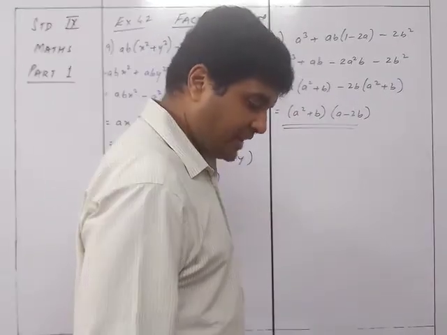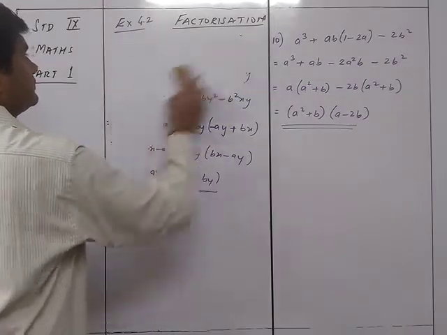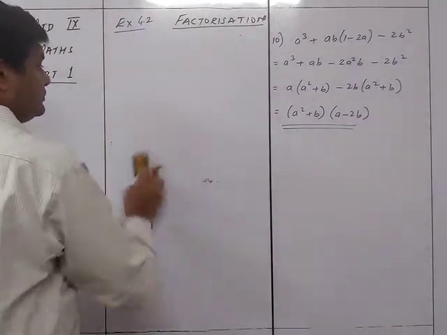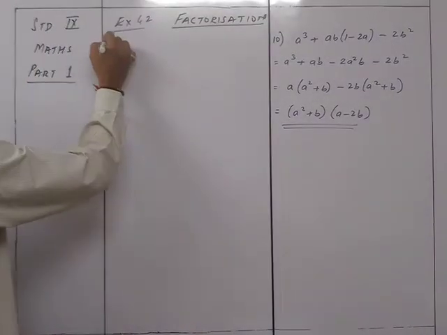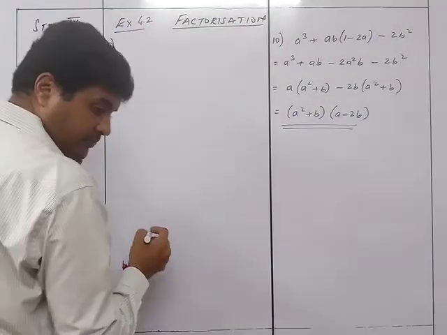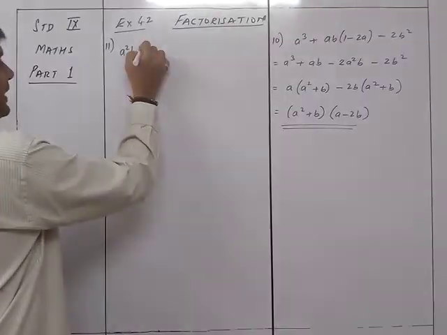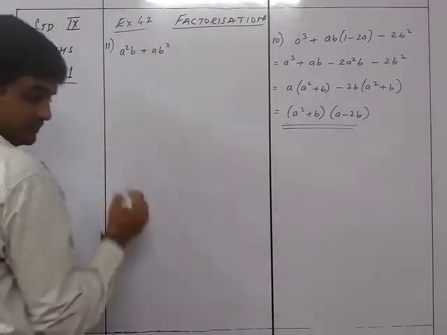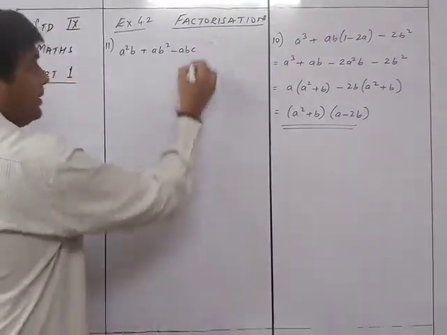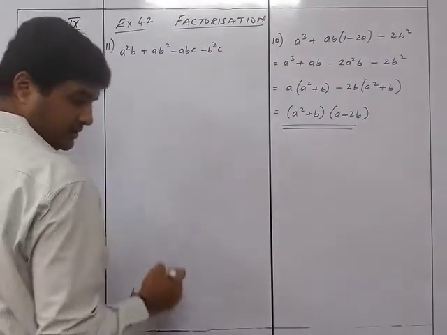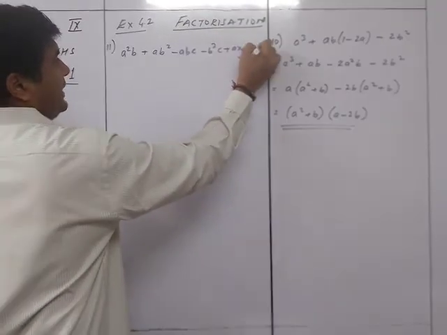We now take the sum number 11. Sum number 11 is a square b plus ab square minus abc minus b square c plus axy plus bxy.